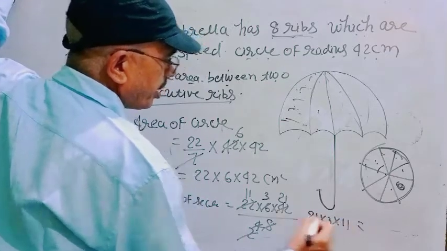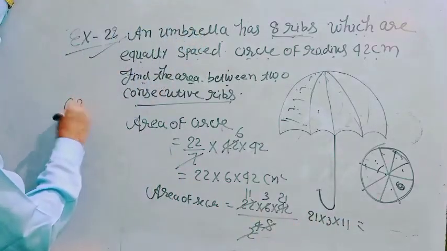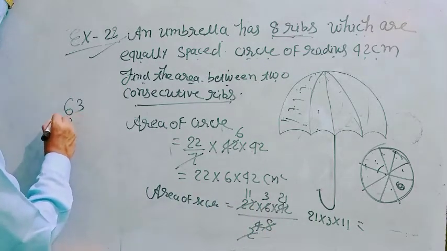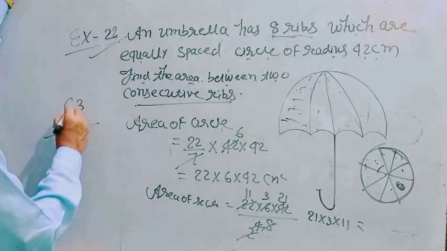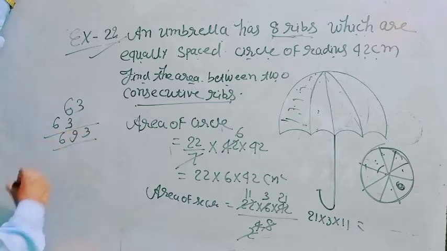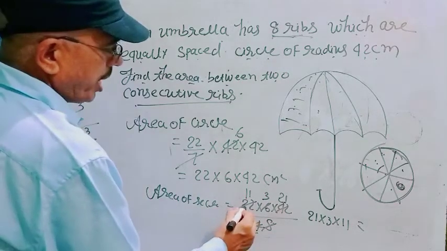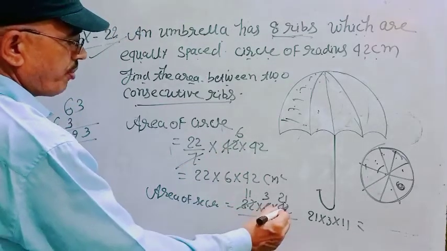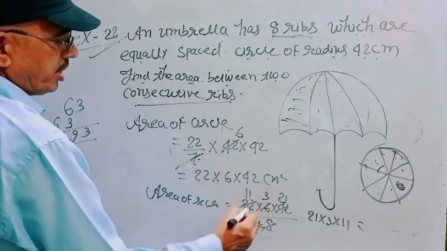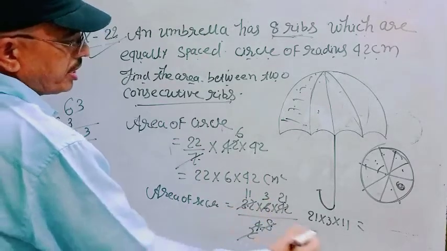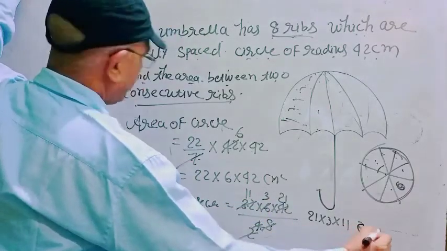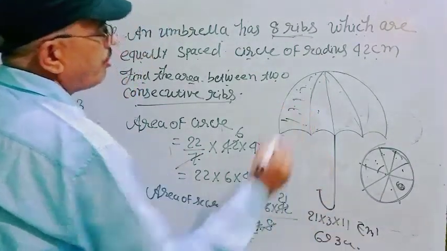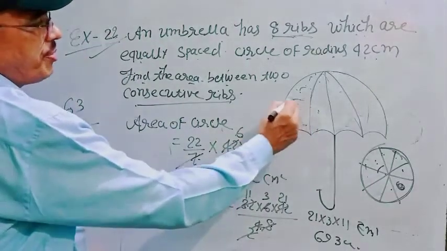So what do you get here? 21 into 3 is 63, and multiplied by 11, that is 693 centimeter square, which is the area of one sector between two ribs.